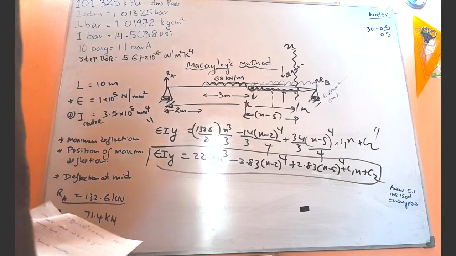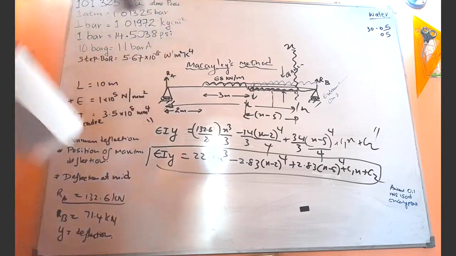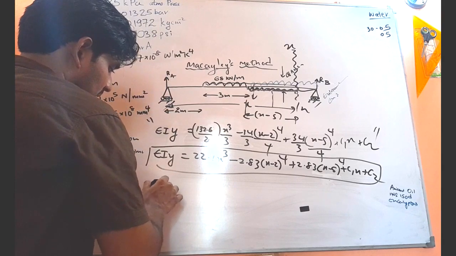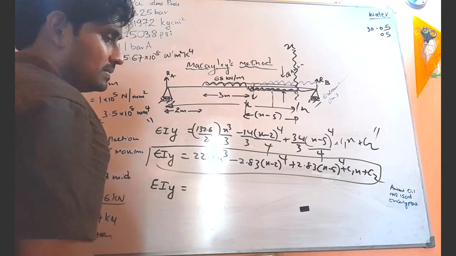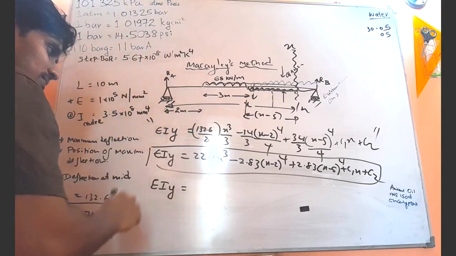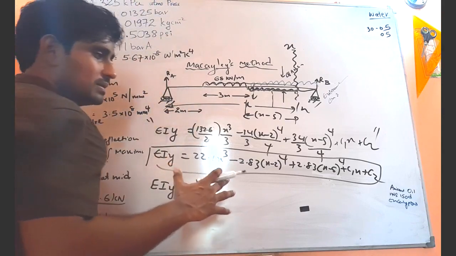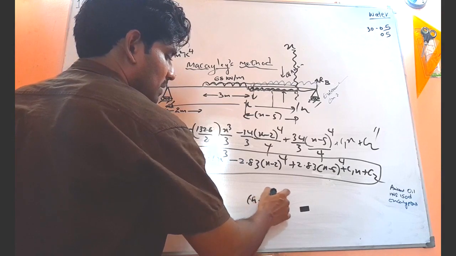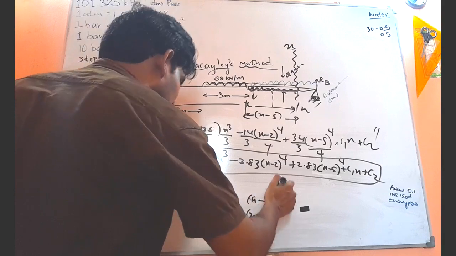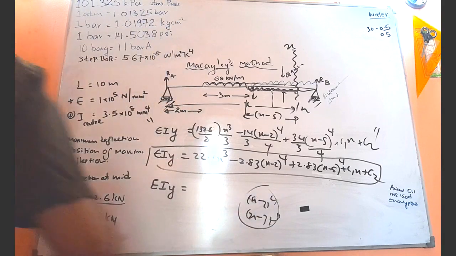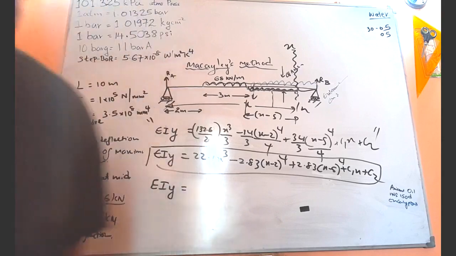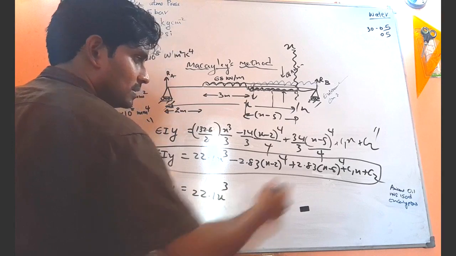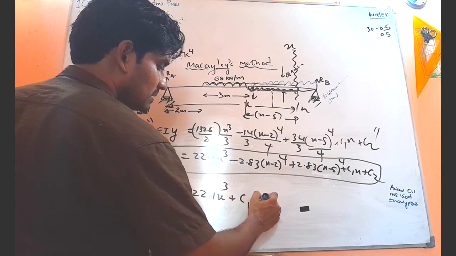Now the first boundary condition. Carefully focus. Arrange this equation according to EI y, such that you are getting only the x powers, without considering terms like (x minus 2) to the power 4 or (x minus 5) to the power 4. Just consider only the terms with powers of x, something like 22.1 x cube plus C1 x plus C2.